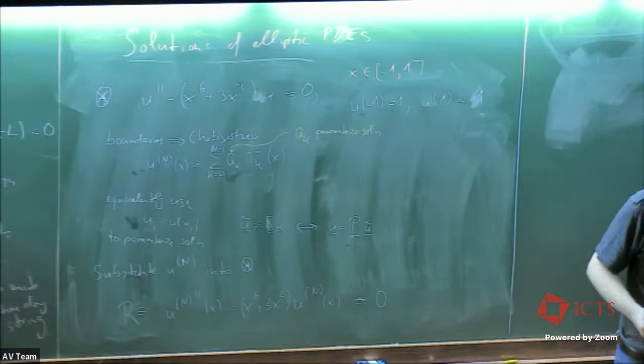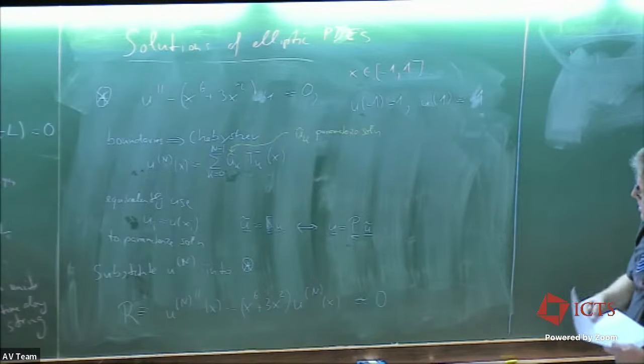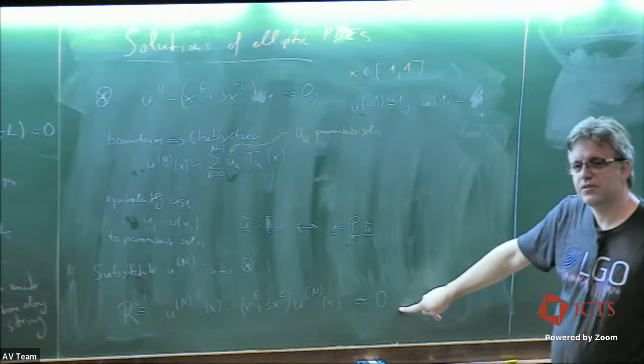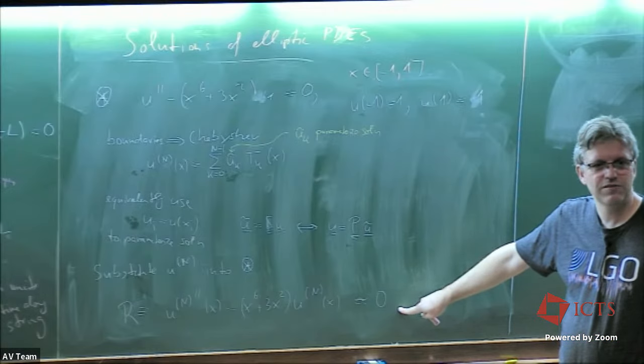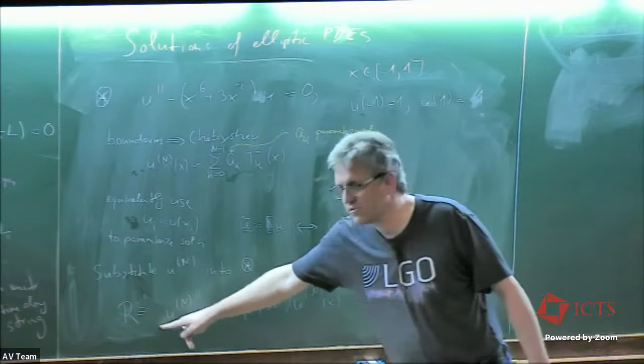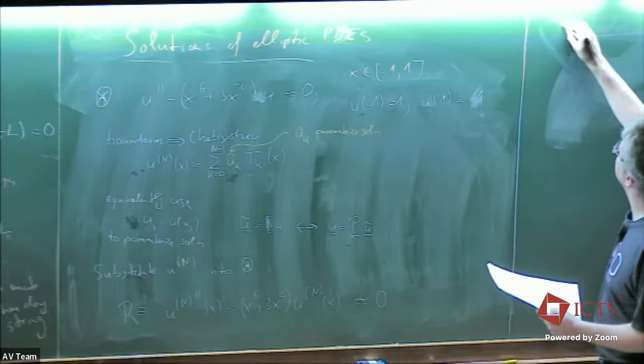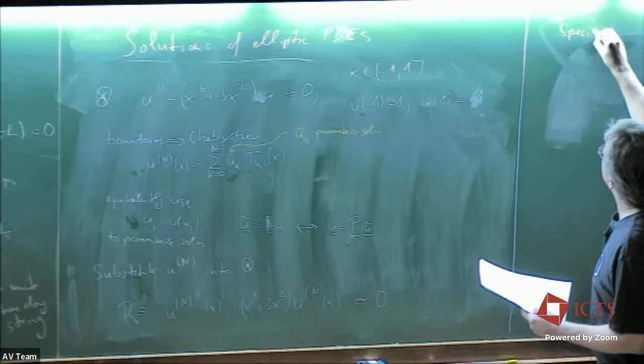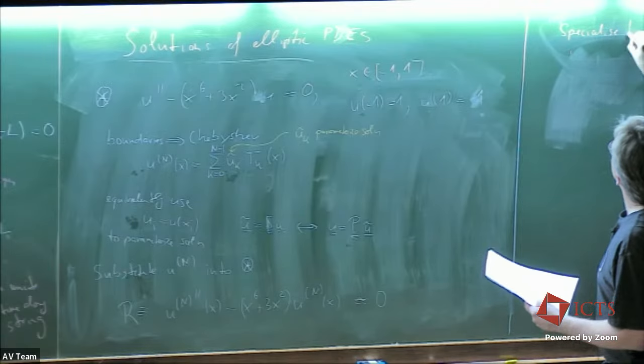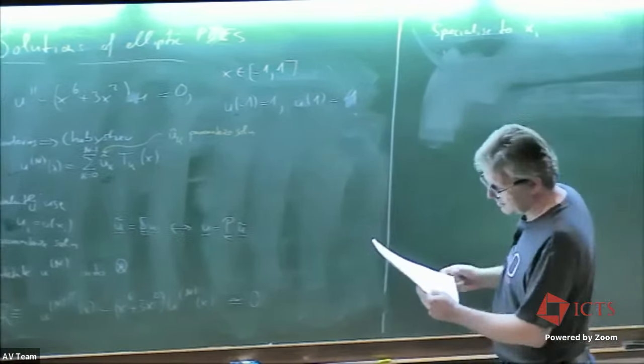Okay, on Monday, I chose at this point 3 semi-random numbers, minus 0.5, 0, and plus 0.5, and evaluated my residual at these 3 values. Now you won't be surprised to guess that we will be using our grid points because the grid points are so nice. So we specialize the grid points xi.